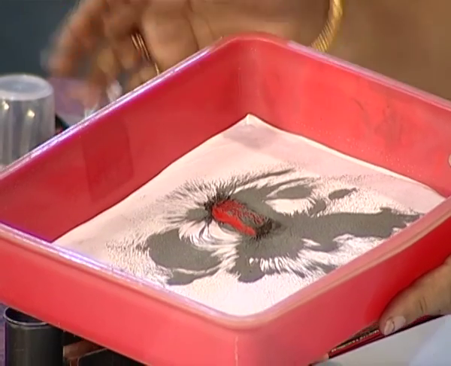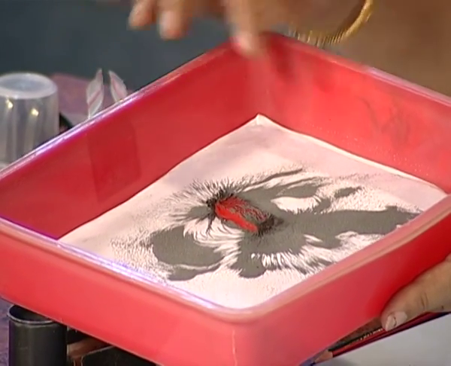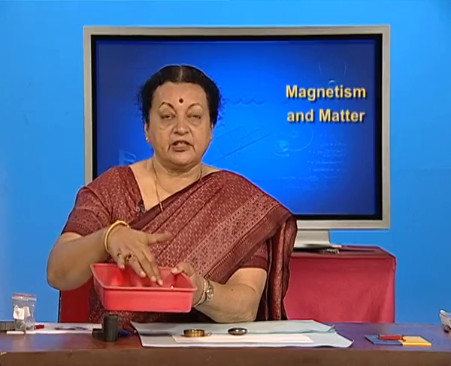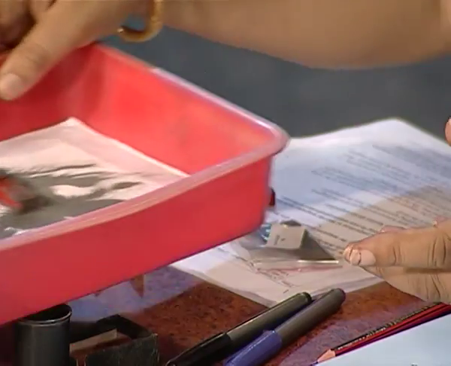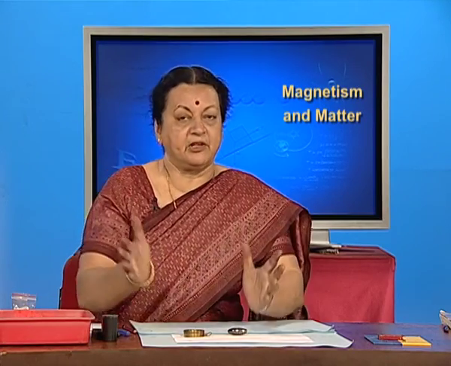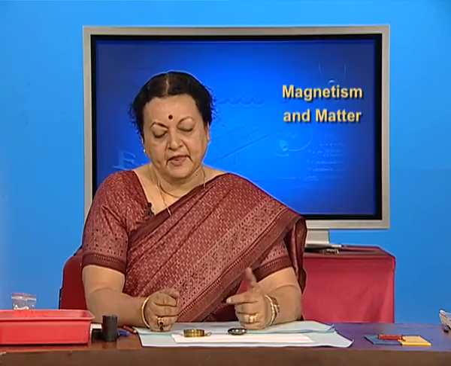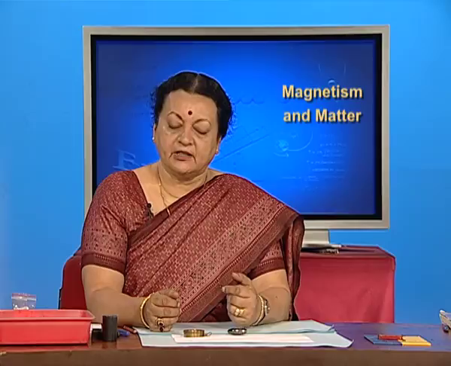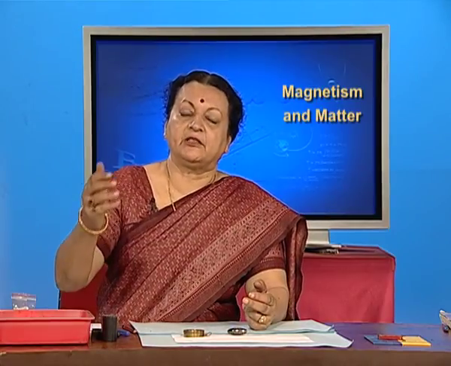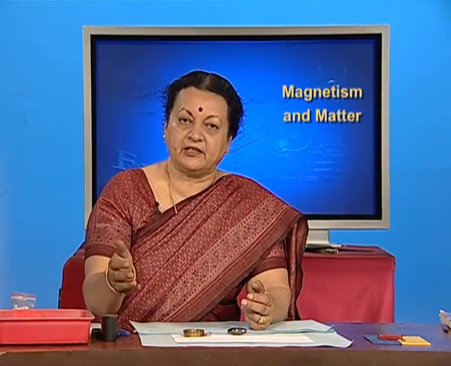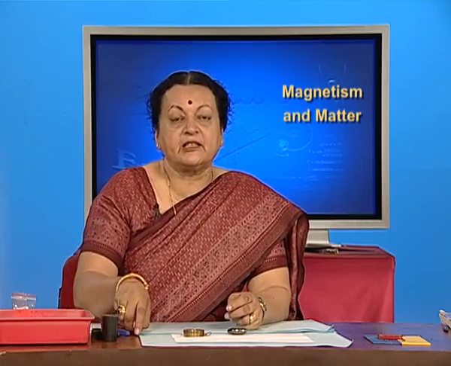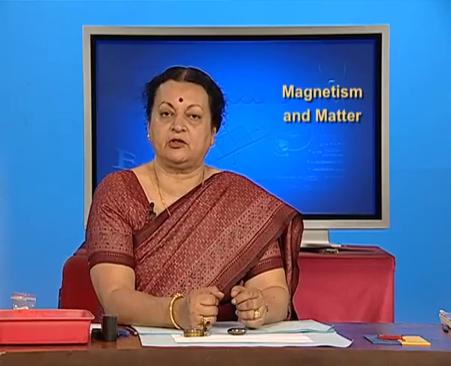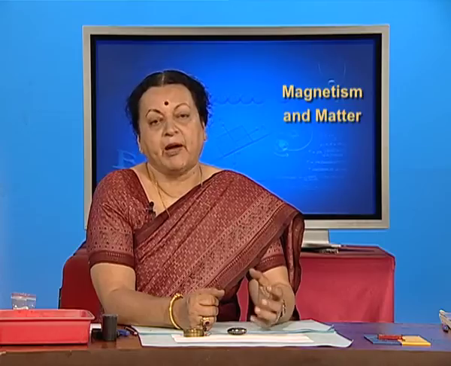It creates a pattern showing that there is a field around it, a region of influence, so to say. This field is three-dimensional in nature and therefore, you could talk about the magnetic field at a distance away from the magnet as well, which means that there should be some rules, some laws that will govern the magnitude of this field.